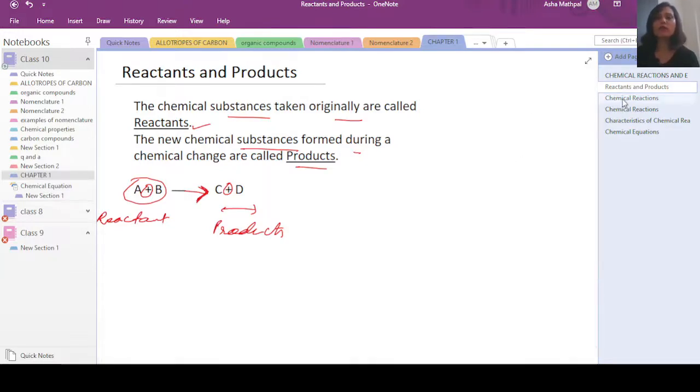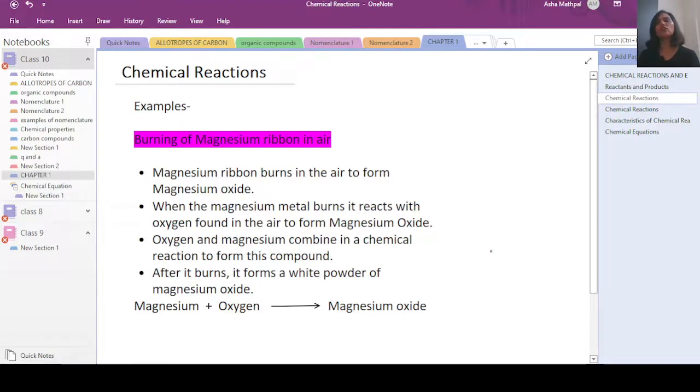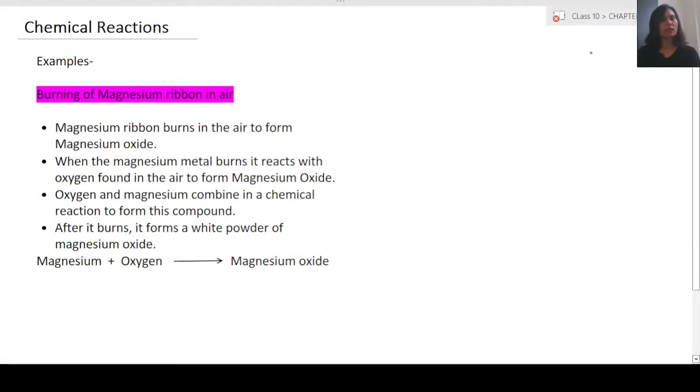Now let us start with a few common examples of chemical reactions. You must be familiar with them from your lower classes. The first one is burning of magnesium ribbon in air. Magnesium ribbon is there in the labs; you can observe it in your school lab. When you see this magnesium ribbon in the lab, a white powdery substance is over it. Where is this white powdery substance coming from?